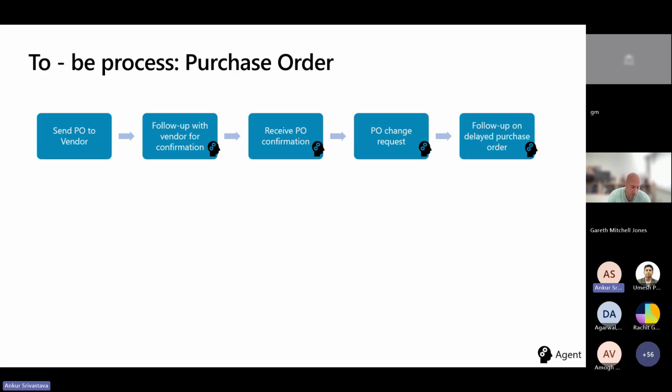So how does this to-be purchase order flow function with the supplier communication agent? Let's try to understand from this particular diagram. After the purchase order is sent to the supplier, the agent can create a draft of the email for unconfirmed POs that the procurement personnel can review and then send to the supplier.